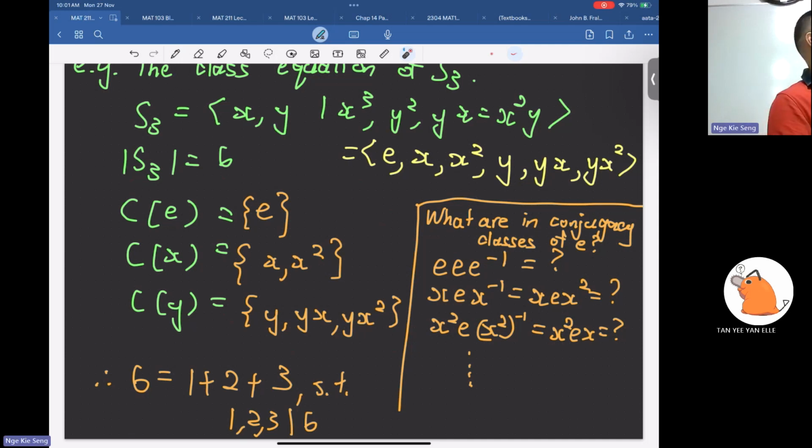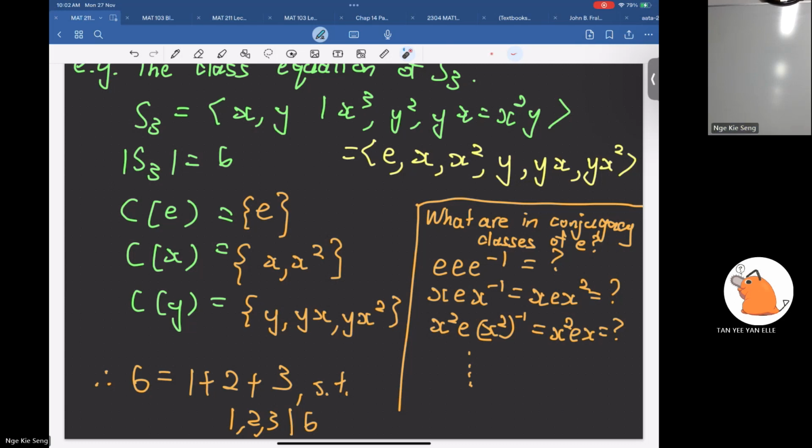Remember, to get the conjugacy classes you need to conjugate with all the elements in G. So let's say my G is very big. Do you want to conjugate with all the elements to see the conjugacy classes? You can use this formula to restrict the order of my conjugacy classes. You can guess how big my conjugacy classes are.